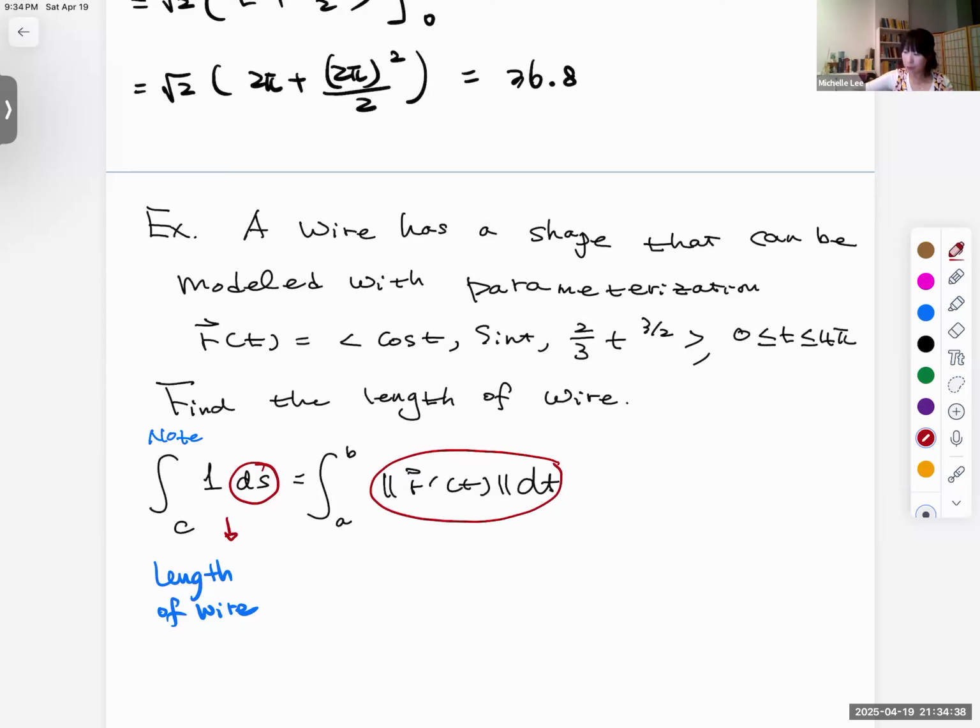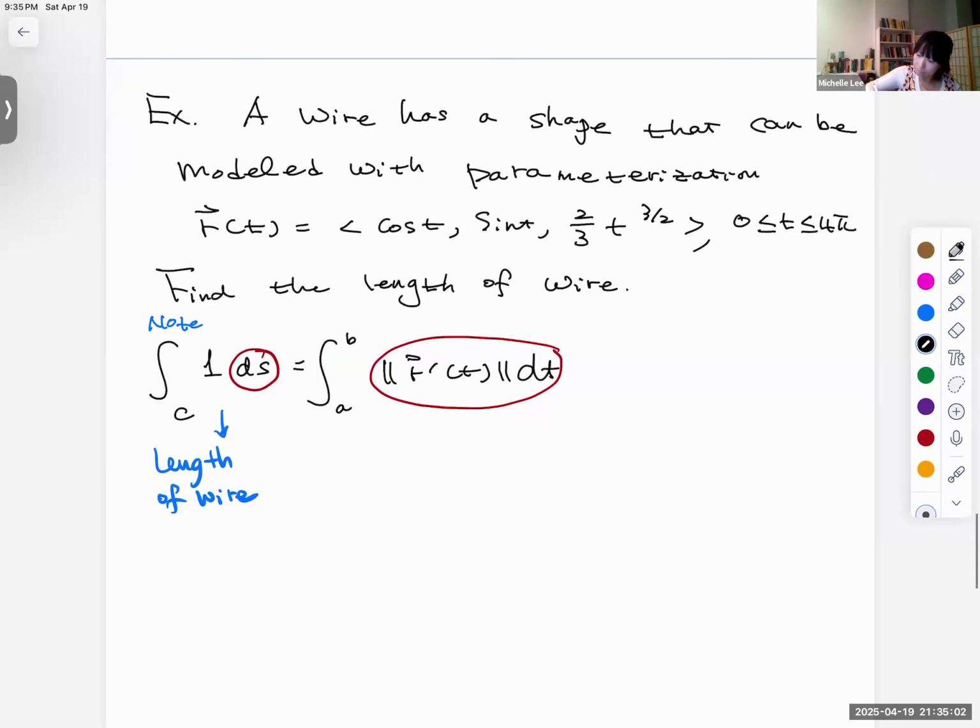From the previous definition. Now, we have t between 0 and 4 pi.